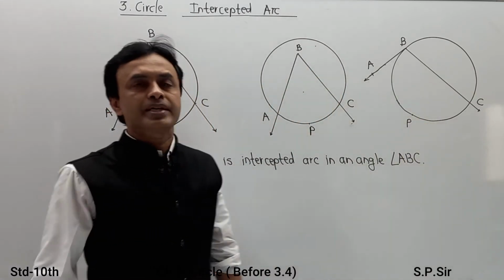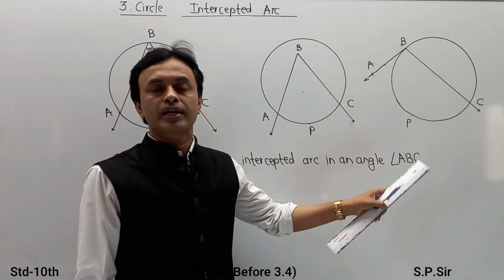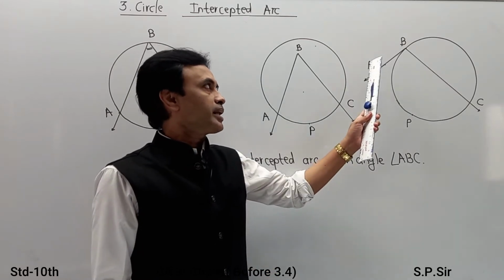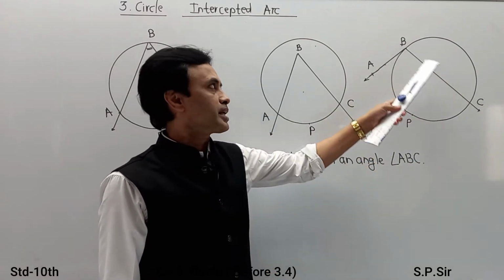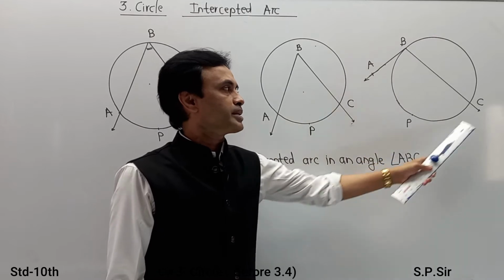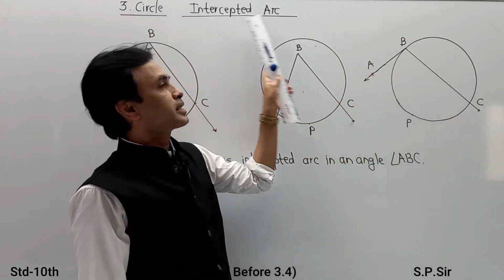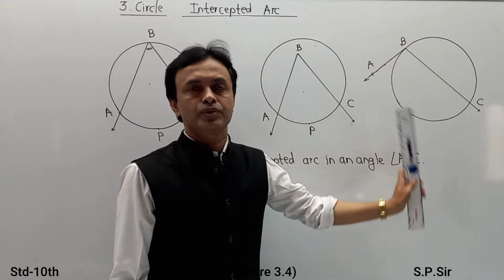Here there will be a slight change, just the name of the arc changes. Again in angle ABC you can say arc BPC is an intercepted arc. That will be the change over there.